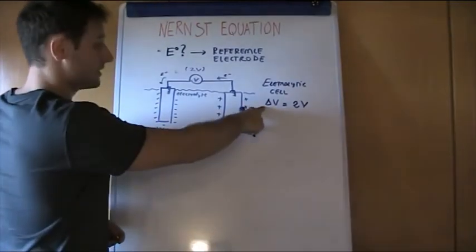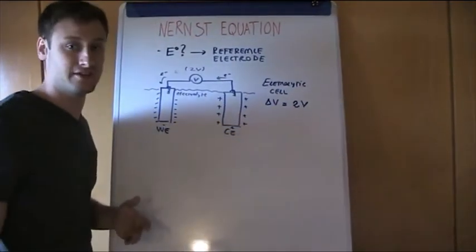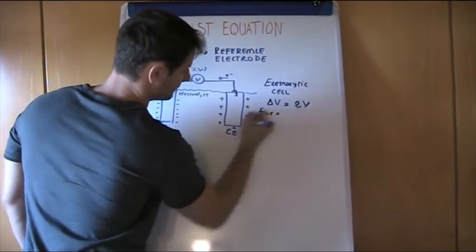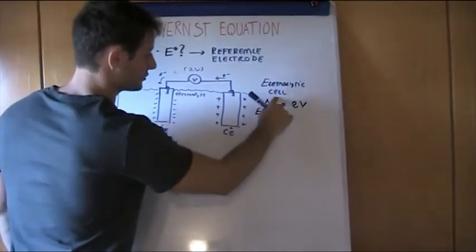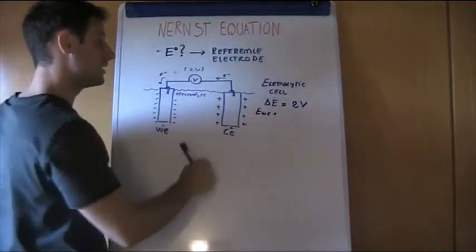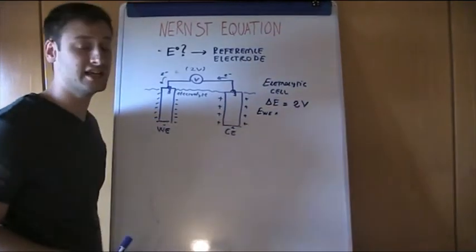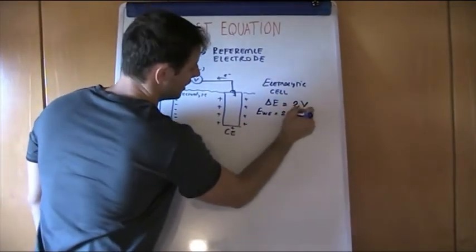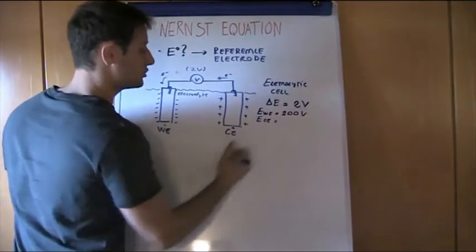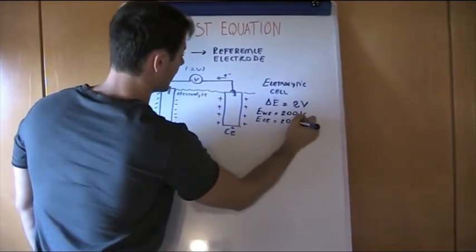But this difference could be a difference between the potential of the working electrode and the counter electrode. So, in order to be more clear, maybe the potential of the working electrode could be 200 volts, and the potential of the counter electrode could be 202 volts.